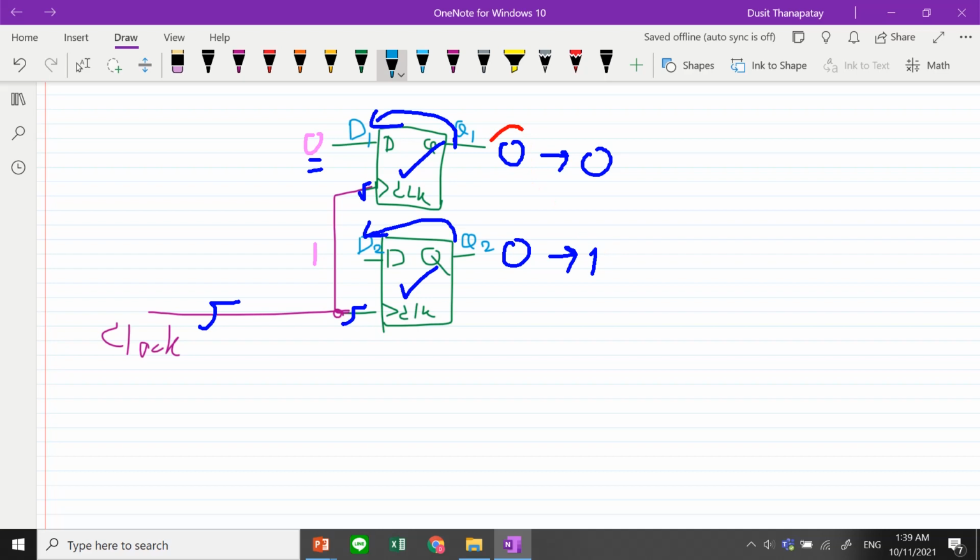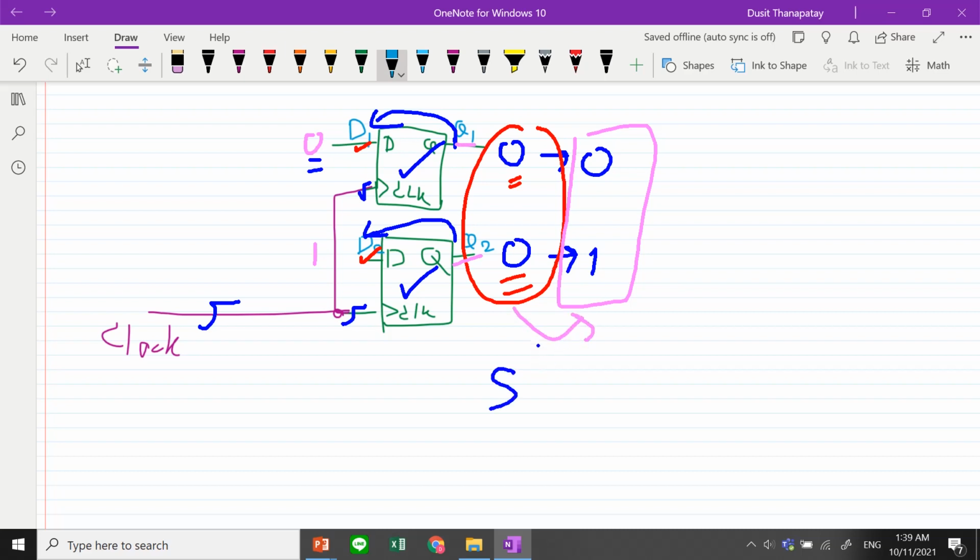The previous value of Q1, Q2 is 0, 0. But when clock ticks and data is read from D1, D2, it changes to 0, 1. Okay, so we say that the value of Q1, Q2 changes, or sometimes it's called it changes state.